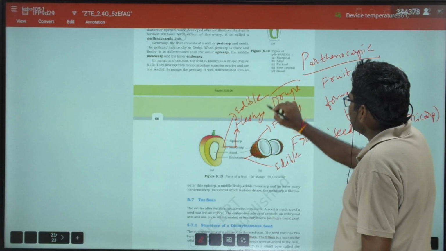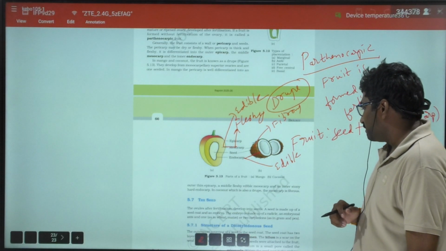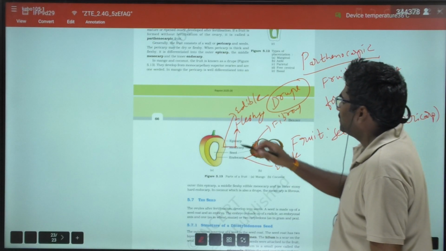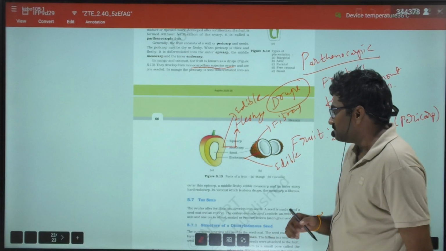The fruit is known as the drupe in mango and coconut, and it is developed from the monocarpellary superior ovary, and usually they are one-seeded.